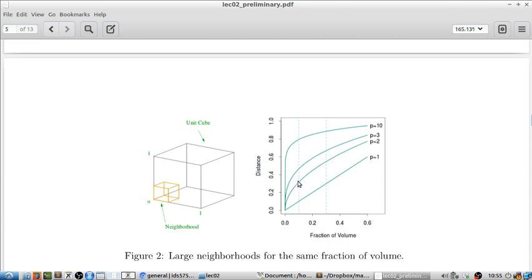For that, I think this is the 10% of the volume. So you can see that is actually giving a side length. They say distance, but think of it as a side length. That is 0.3 as you guys computed, right? Can you see this point here that I'm showing you? On the x-axis is the fraction of volume.